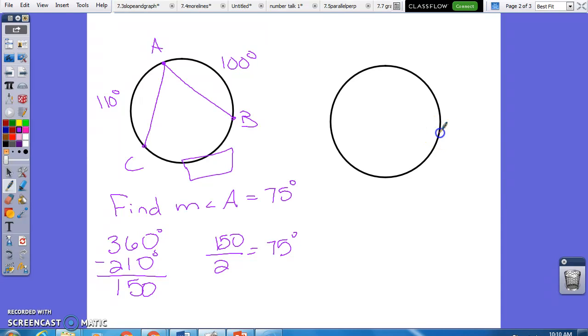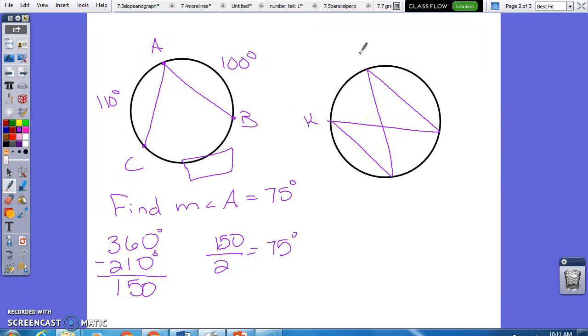That's one type of problem that we might need to be able to do. Let's do another one here. Let's say that we have that angle, and we also have something that looks like that. Those points are not necessarily the center of the circle.